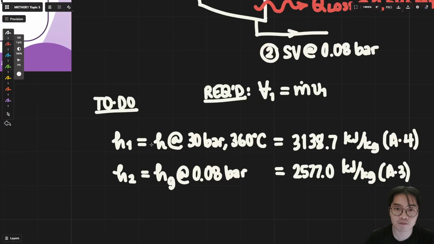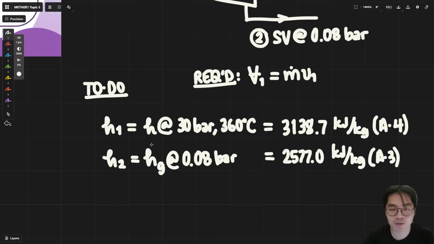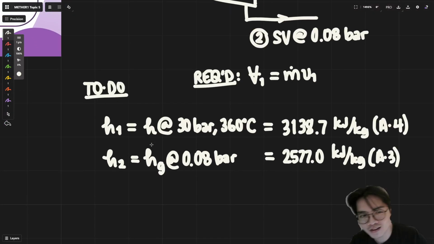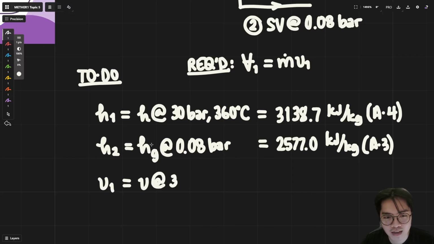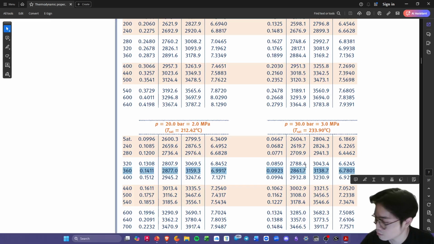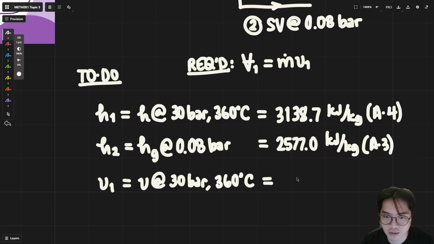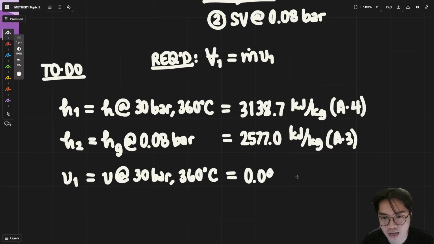Oh, before we closed the table, we should remember that we should also get our value of v1, which is the v at the same thing that we were just looking at, 30 bar, 360 degrees Celsius, which in this case is the first number in here, which is 0.0923 meter cubed per kilogram.